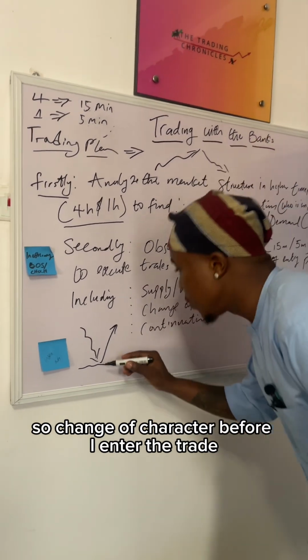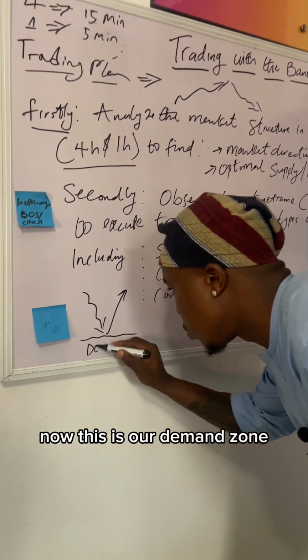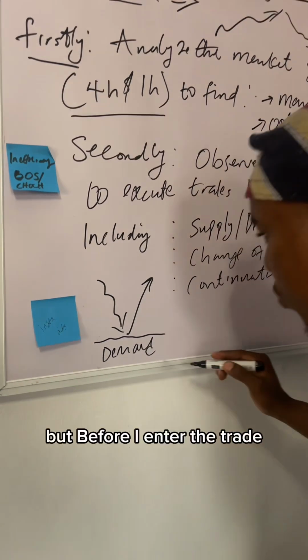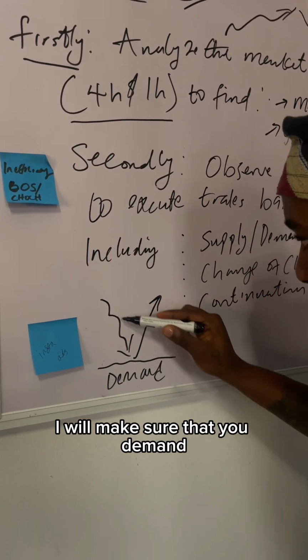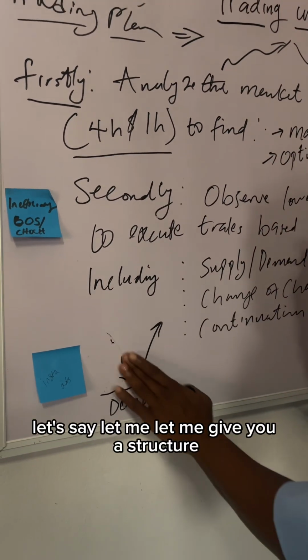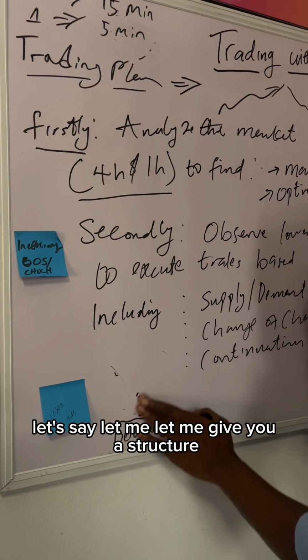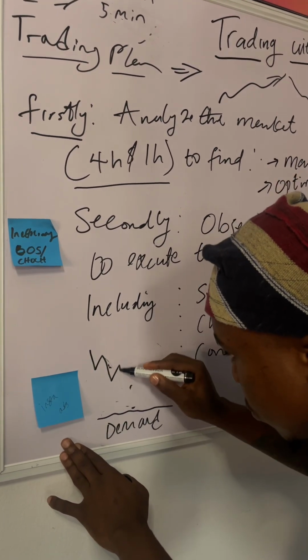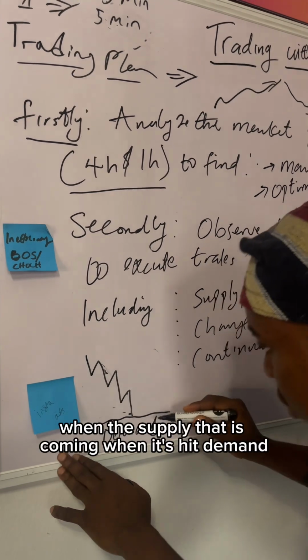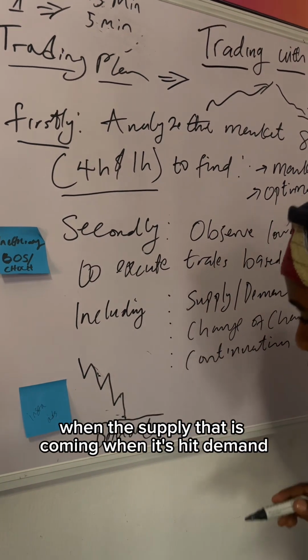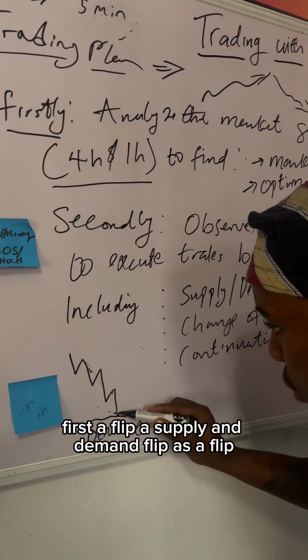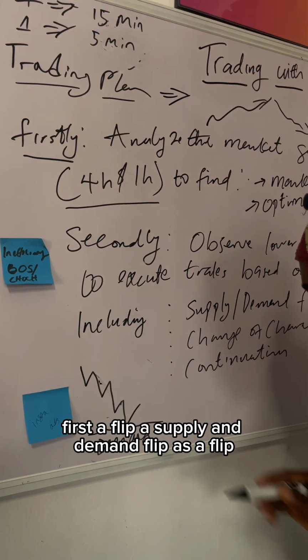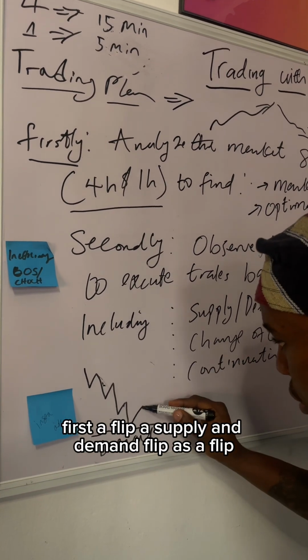Now this is our demand zone. But before I enter the trade, let me give you a structure. When the supply that is coming becomes demand, first is a flip, a supply and demand flip.